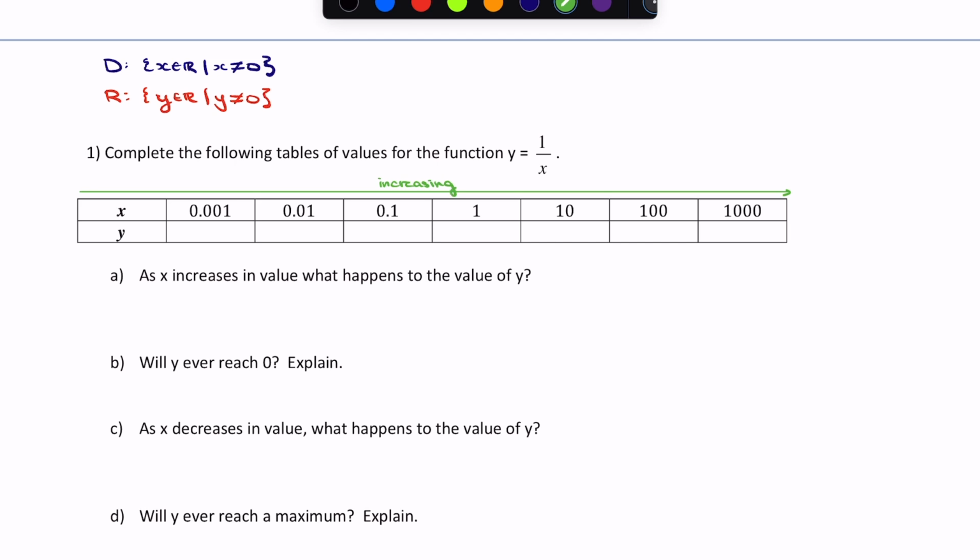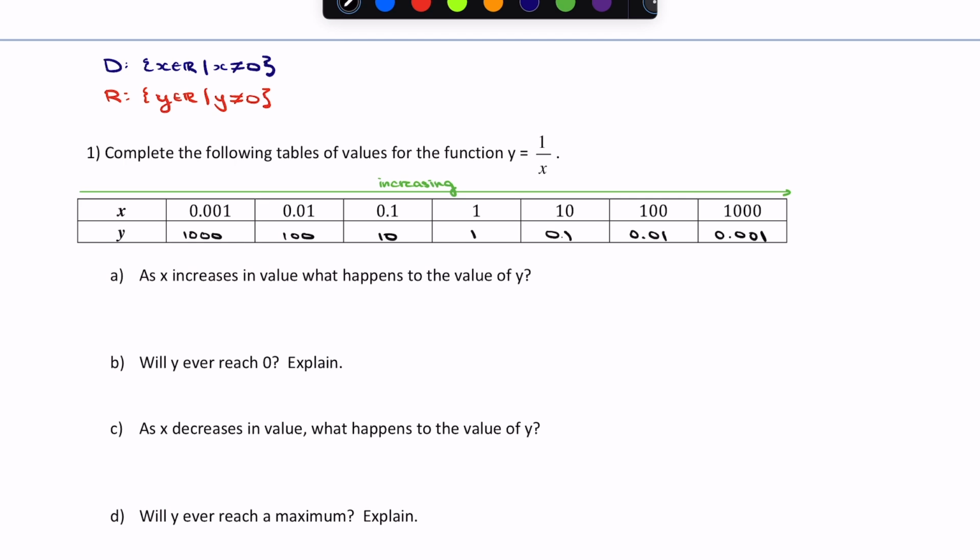So when we sub that in, we get values of 1,000, 100, 10, 1, 0.1, 0.01, and 0.001.